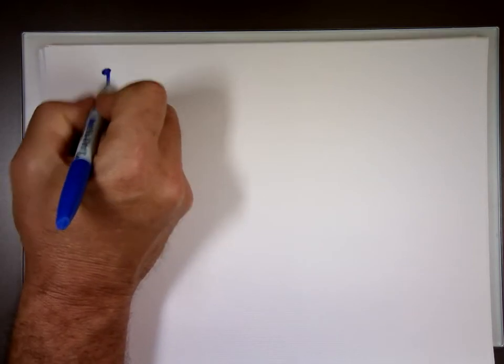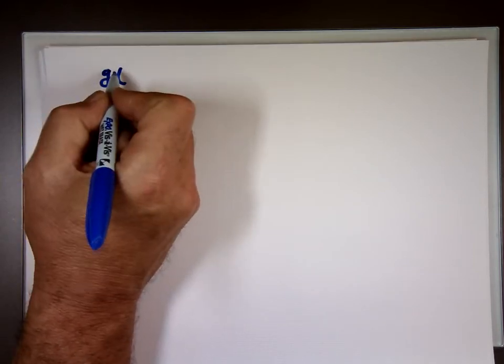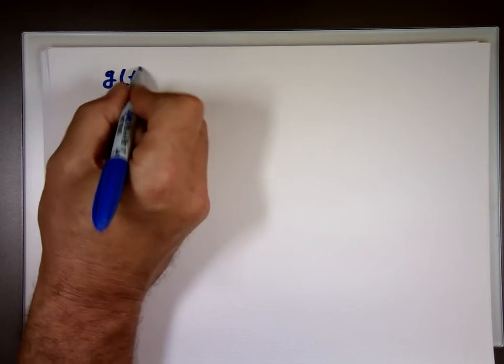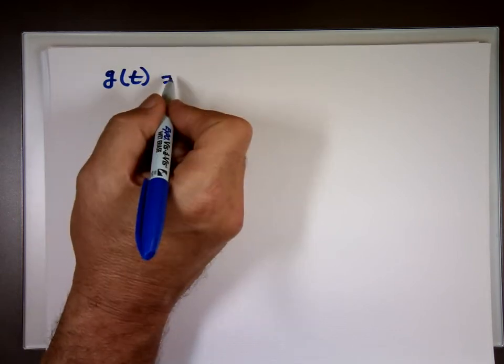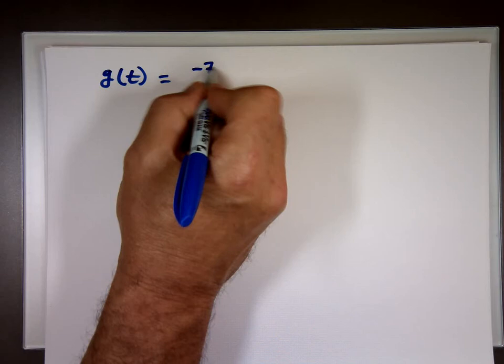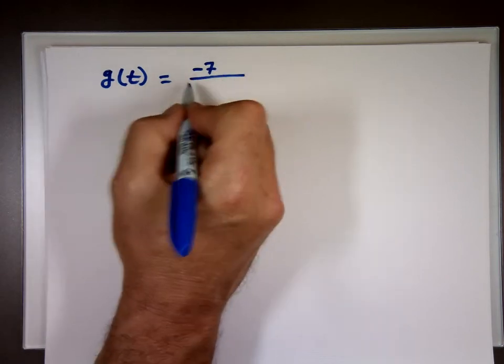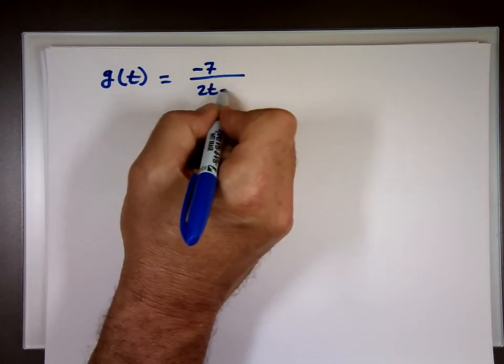Let's try another one. We'll use g here. G of t. I don't know, just change it. We always use x. Let's change it. Negative 7 over 2t minus 3 squared.